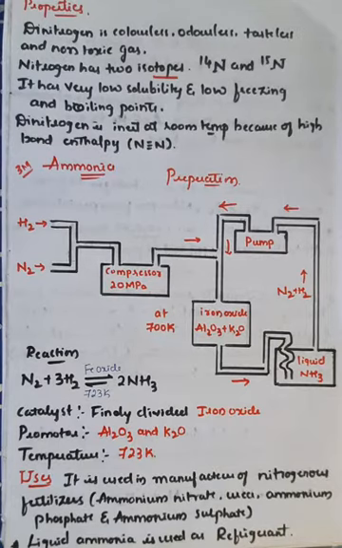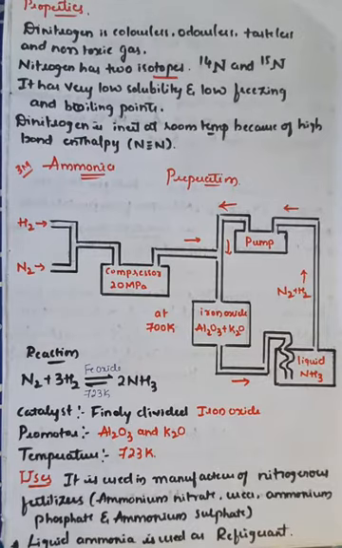So if they ask for 1 mark, write any 2, right? One is that it is used in the manufacture of nitrogenous fertilizers like ammonium nitrate, urea, ammonium phosphate or ammonium sulfate, and it is also used as a laboratory reagent for different reactions. And similarly in qualitative or quantitative analysis, you have seen, right? So in qualitative analysis also we can use that.